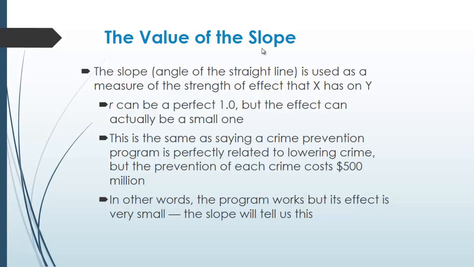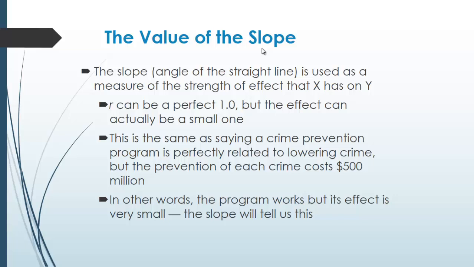If you have a very steep slope, you can get very small changes in x yielding much larger changes in y. However, if you have a flat line or a very low angle line, a 1 unit change in x will lead to a very small change in y.